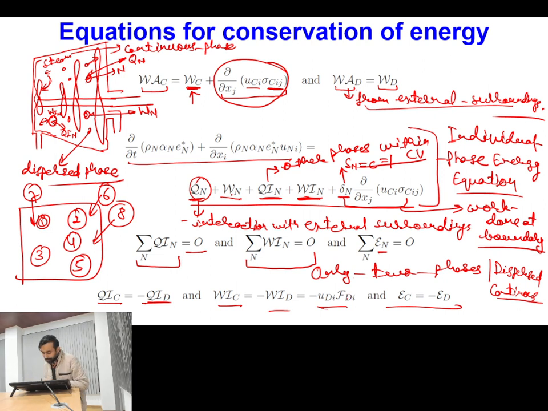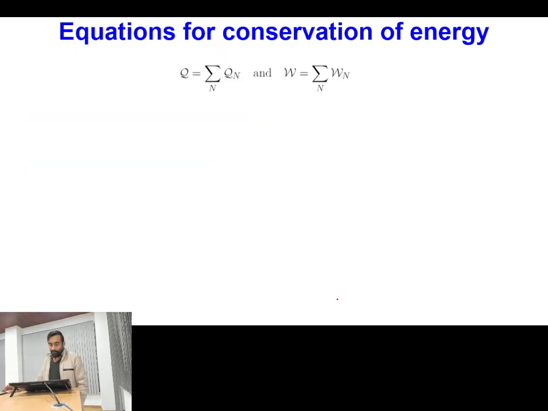Any force on the dispersed phase multiplied with its velocity will be nothing but the work done by the continuous phase on the dispersed phase. Is this one clear? So now, when I do the summation of all external energy interactions, what will I get?